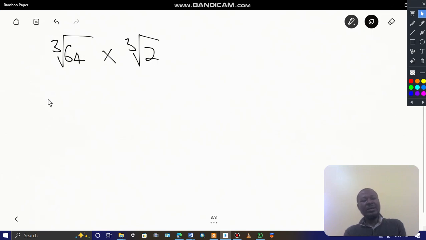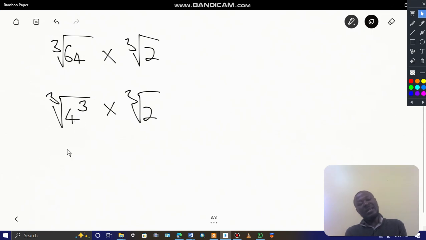You can work out this is the cube root of 4 to the power 3. I think that's 64. You can put it as 4 to the power 3 under the cube root, multiplied by the cube root of 2. And then the exponent 3 cancels with the cube root, and you come out with 4. Mathematically, it means 4 to the power 3, all to the power 1 over 3, something like this.